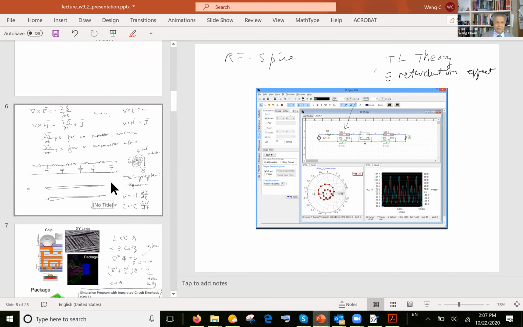And people even knew that you can use a transmission line or a telegrapher's line to send signals, where you can have a wave propagating on it. But it wasn't fully understood, because when a signal gets distorted on the transmission line, they did not know why. Because these are all approximate theory.